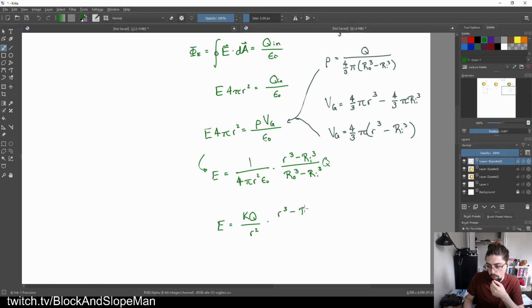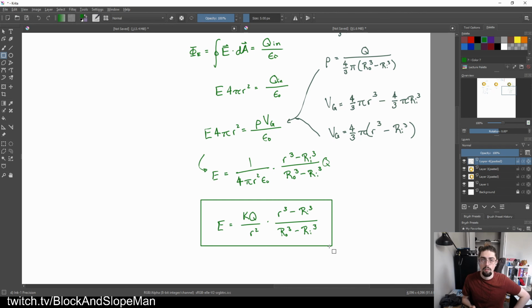I can simplify it so it looks nice and pretty like this. And there's our electric field within the shell.